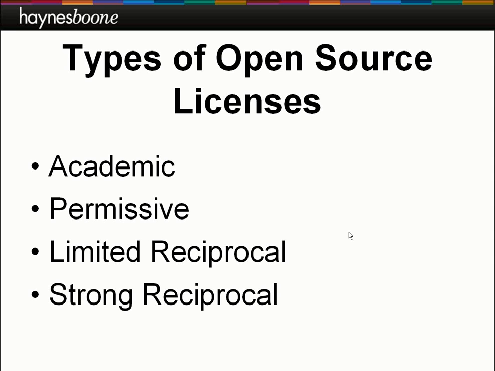Next up are permissive licenses. These allow almost as much freedom as the academic licenses, but they have a few additional restrictions. Sometimes these restrictions relate to patent licensing, saying that you license any patents that you have that apply to the particular code that you just contributed.